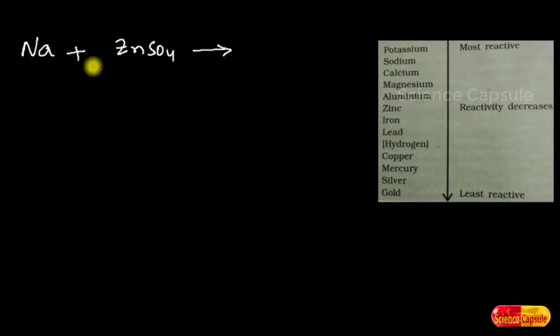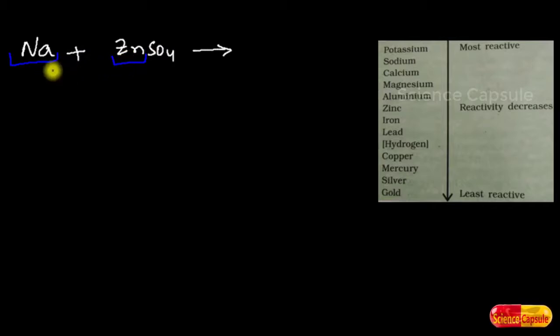Here we have two metals, sodium and zinc, and we have to find their reactivity. If the metal being added to the metal salt solution is more reactive than the other metal, it is capable of displacing that metal from its salt solution. If not, no reaction will take place.